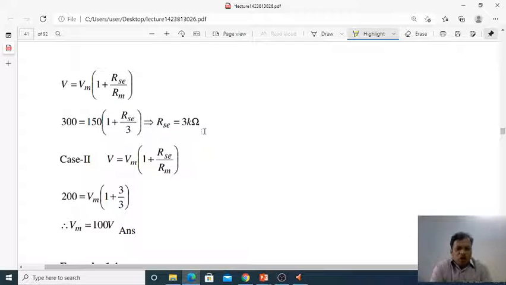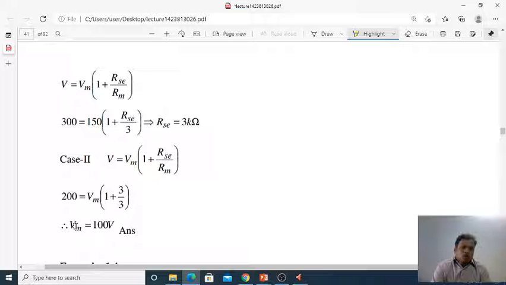Already we have discussed this formula in the previous class. Now we will take case 2. Case 2 is: if 200 volts is measured by the voltmeter, what is the Vm value he is asking.